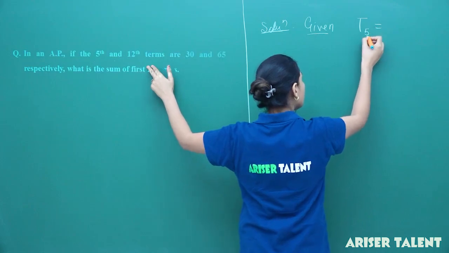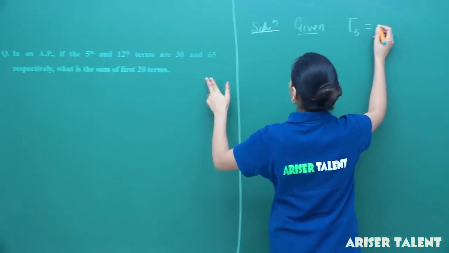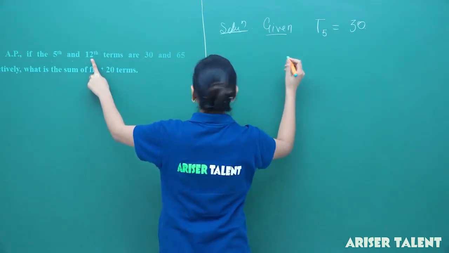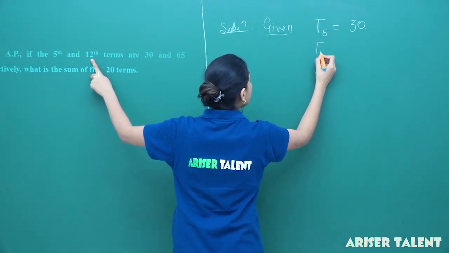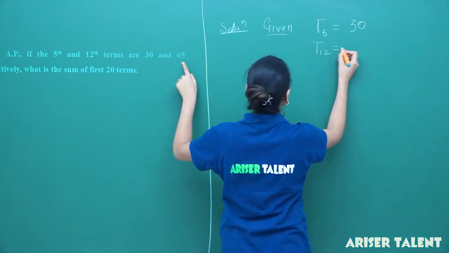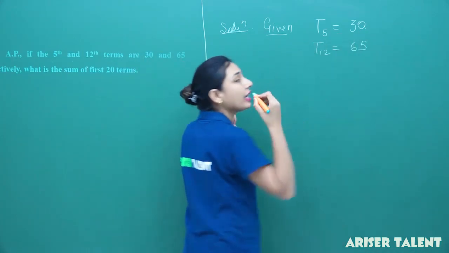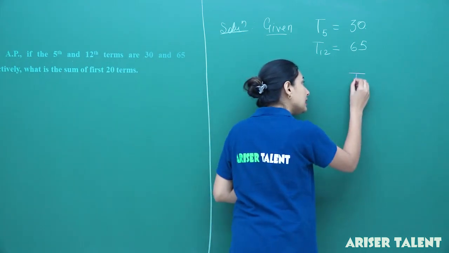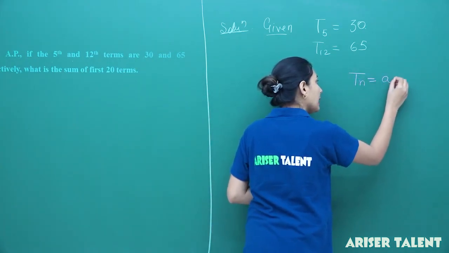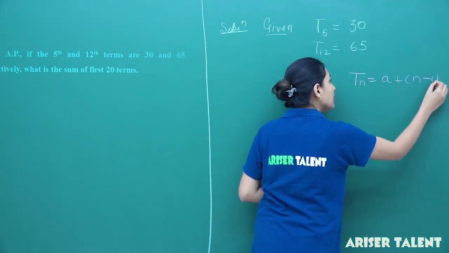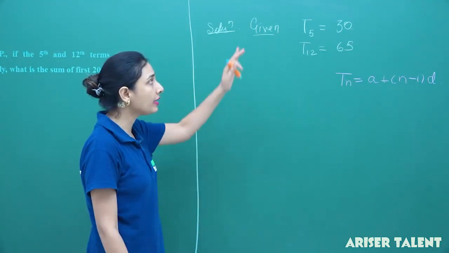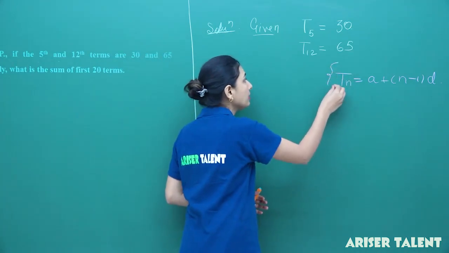T5, that is 5th term, equals to 30 and the second parameter which is given is T12, which is equal to 65. Now you know my students that Tn equals to what? A plus n minus 1 D, isn't it? So I can apply this formula in both these two things, okay.